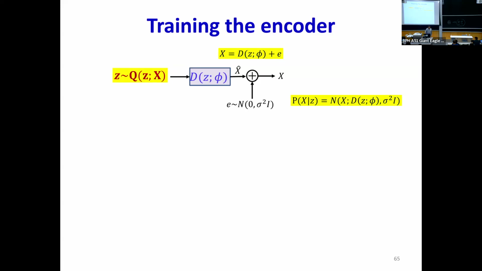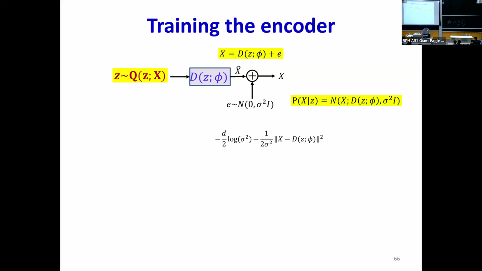It's a perfectly valid assumption because anytime you have a full covariance, there's some structure to the noise, right? And that can be captured by tilting the plane that the decoder is learning. So it makes sense for us to assume that the covariance of the noise is diagonal and it's isotropic, right? With some variance sigma squared. It's perfectly reasonable to even assume that the variance is just high. Okay.